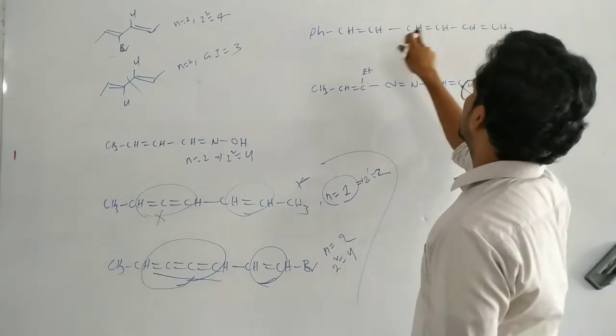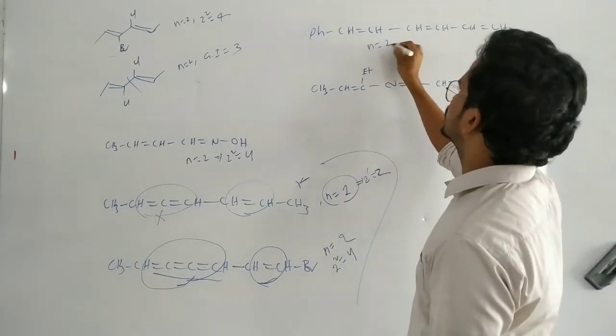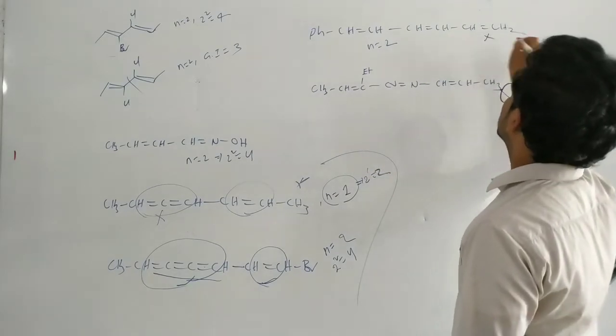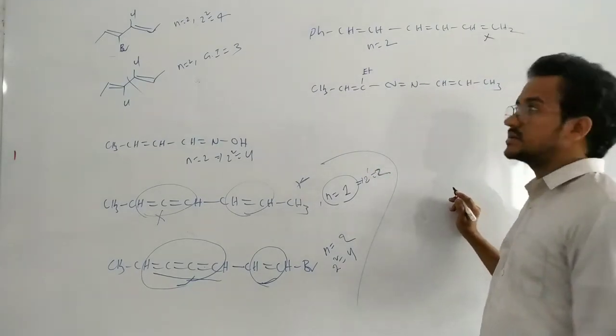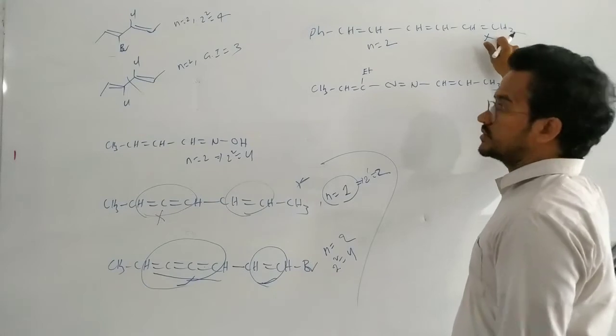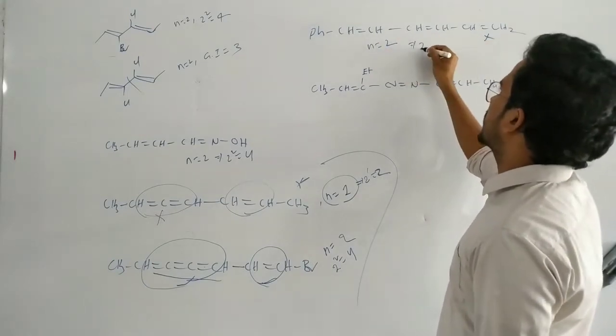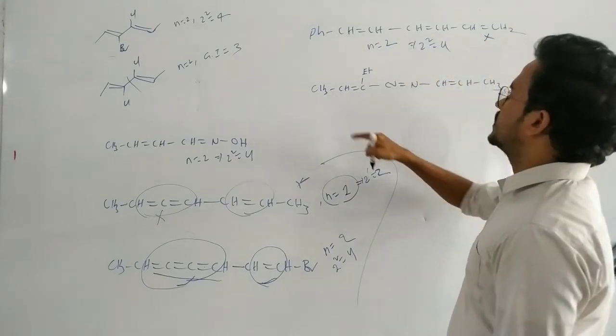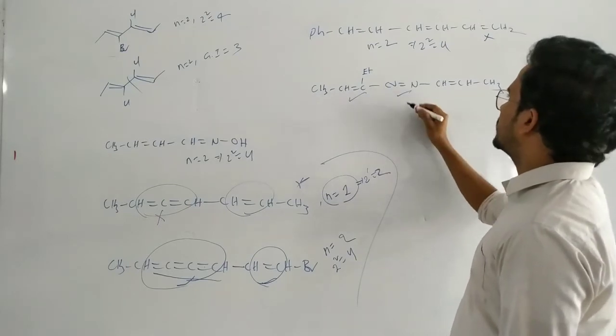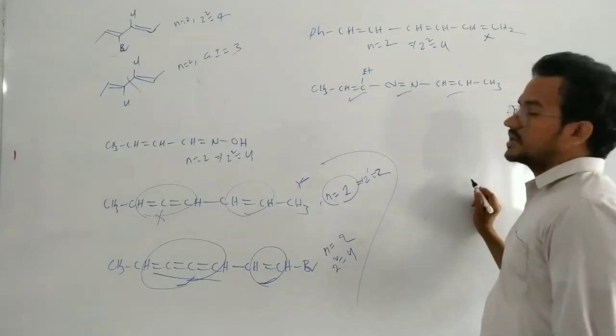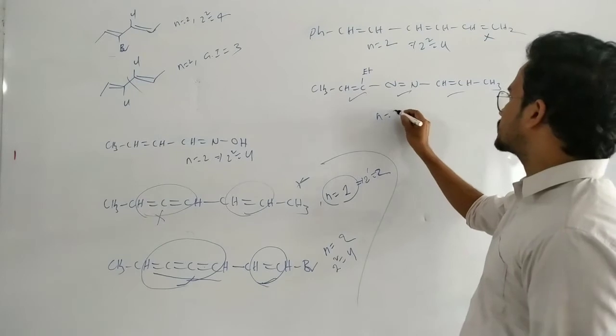Now double bond, double bond, double bond. Here n equals 2. Why? Because about this double bond, geometrical isomerism does not exist, because this carbon has 2 similar groups. So here 1, 2, unsymmetrical molecule, 4. In this case, double bond, double bond, double bond, an unsymmetrical molecule, here n equals 3.